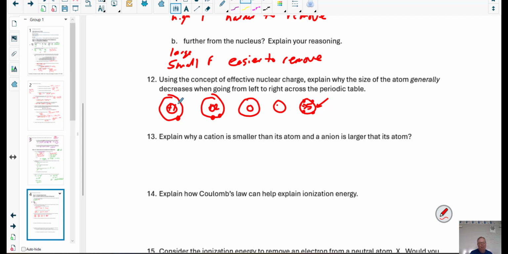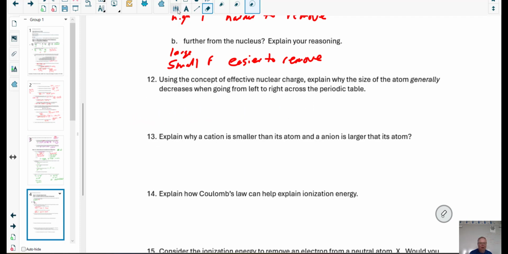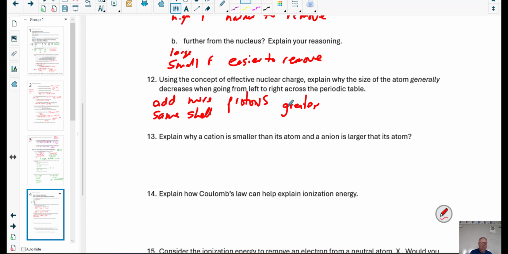So as we add more protons to the nucleus, but have the same shell or same number of rings, we have a greater effective nuclear charge, which means the nucleus is better at drawing those electrons into the center, which means our ring gets smaller and the radius gets smaller.